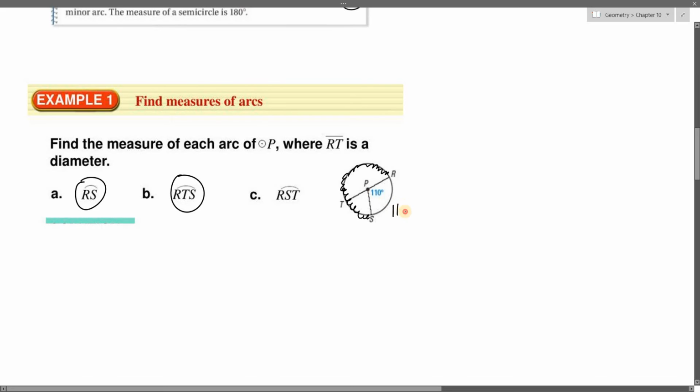If we have 110 right here and there are 360 total, we come over here and we say 360 minus 110. And so we get 250 degrees. And so the measure of this is 250 degrees. This particular one over here was 110. And then we come over to RST.